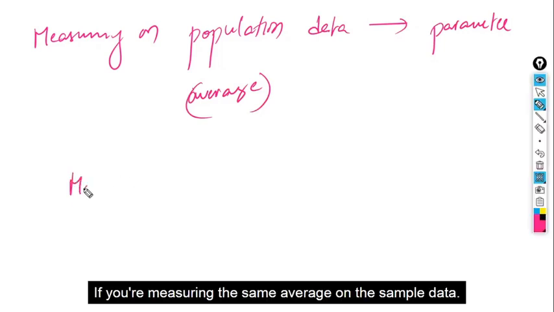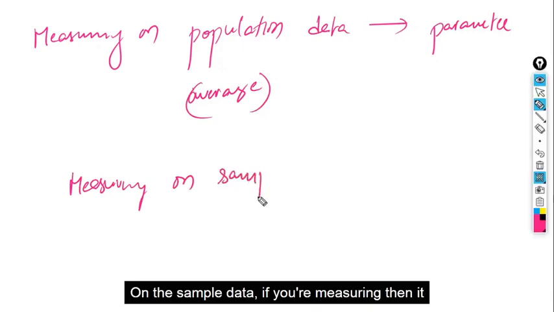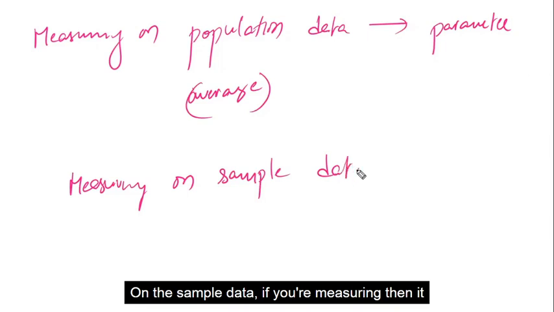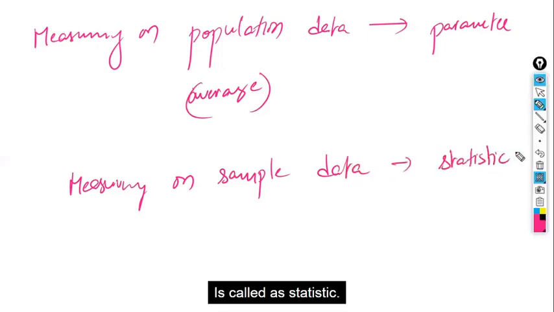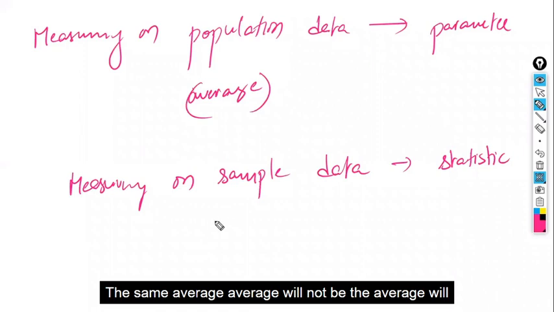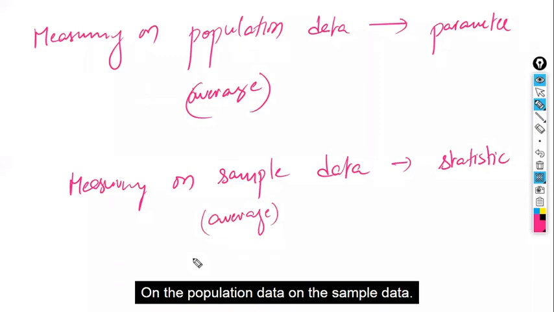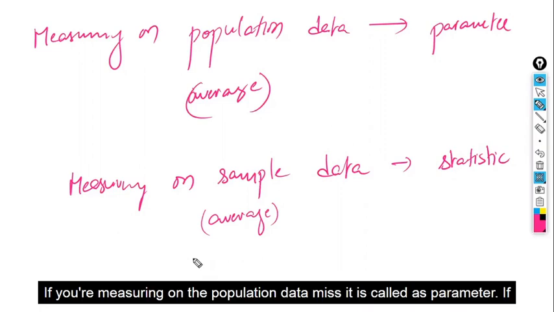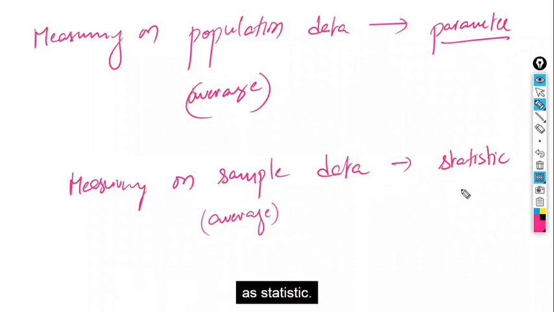If you are measuring the same average on the sample data, then it is called a statistic. The average will be the same; the only difference is whether it is on the population data or the sample data. If you are measuring on the population data, it is called a parameter. If you are measuring on the sample data, it is called a statistic.